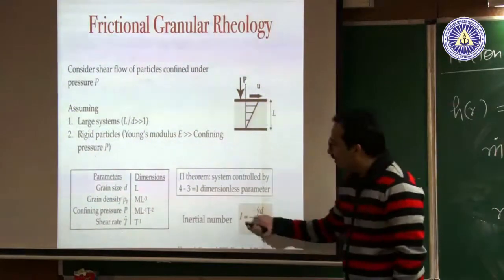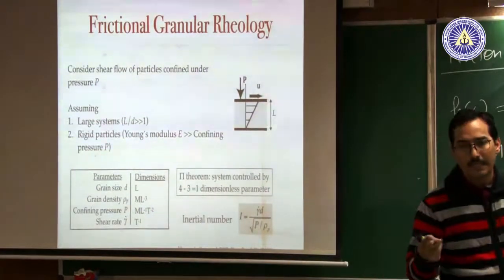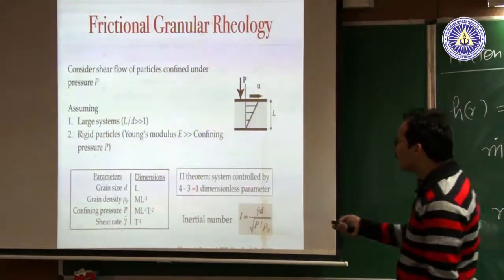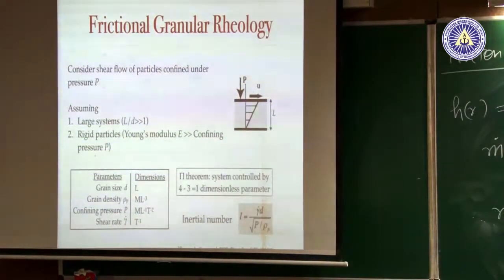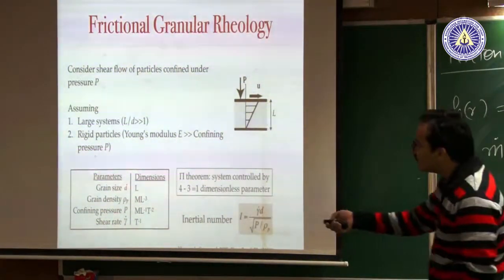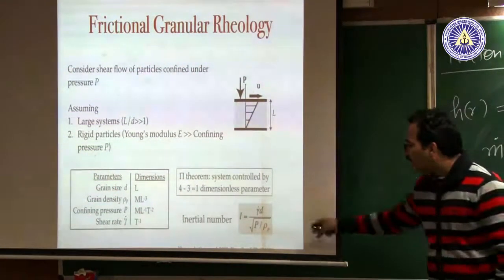So you have 4 parameters, and the dimensions only involve m, l and t. So essentially the system is controlled by a single dimensionless parameter, a combination of rho p, d, P and gamma dot, or powers of this number.